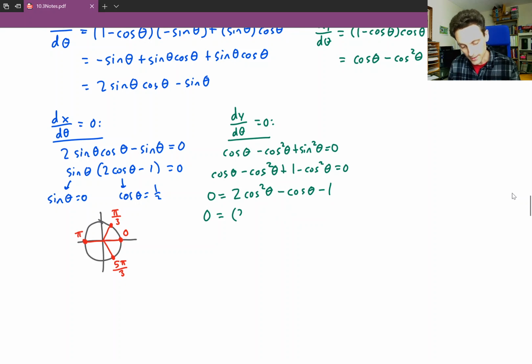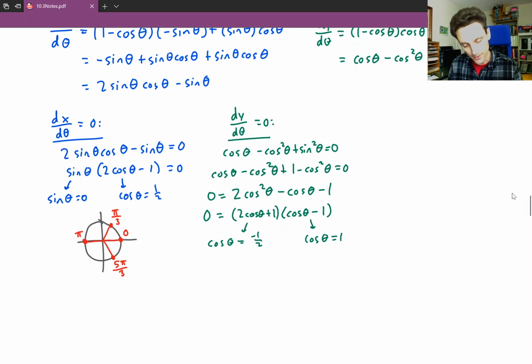If you replace the cosine thetas with x, you can think about how that resulting trinomial would factor. We're going to have 2 cosine theta plus 1 and then cosine theta minus 1. So there then cosine theta is negative 1/2 and cosine theta is 1.